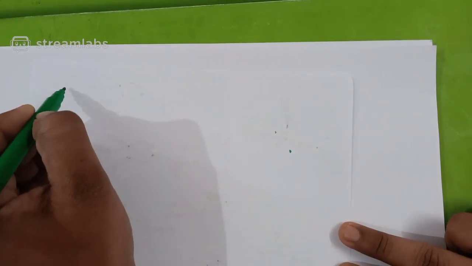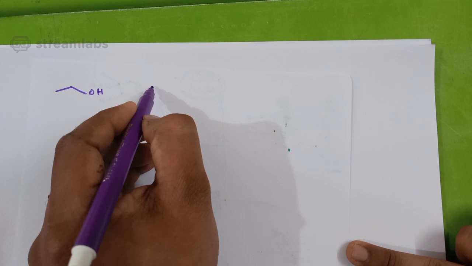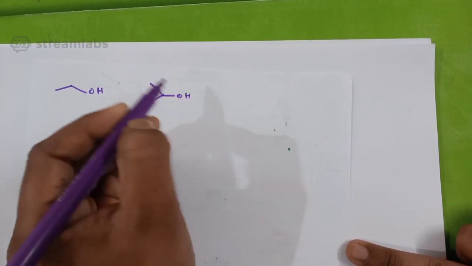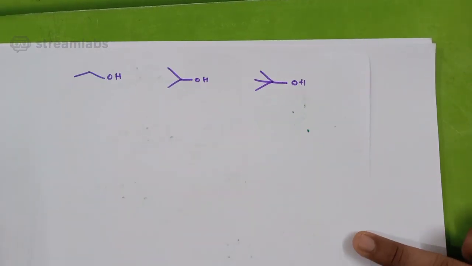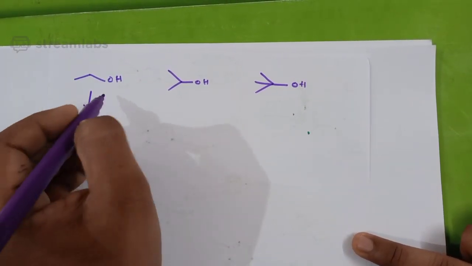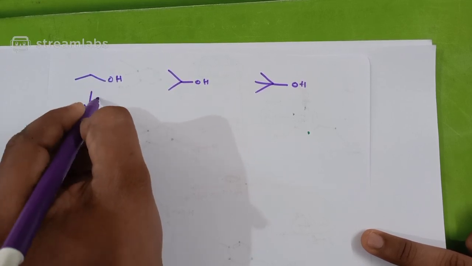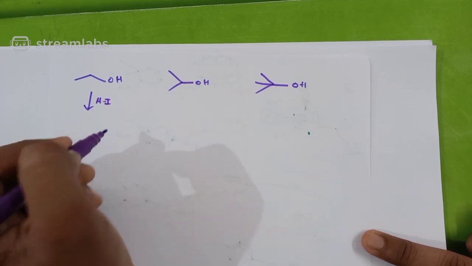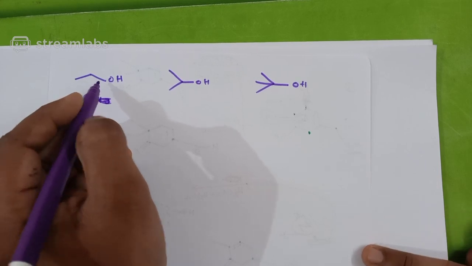In the first one, if I use primary alcohol, at a time I am taking all three: secondary alcohol, and tertiary. The first reagent is HI, or iodine, I want to substitute.